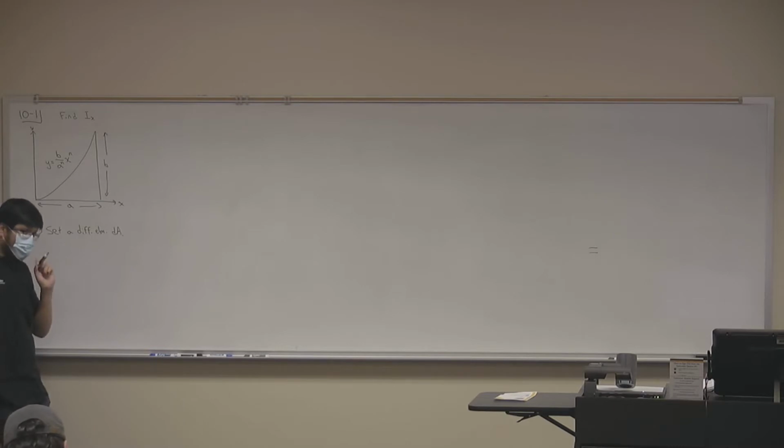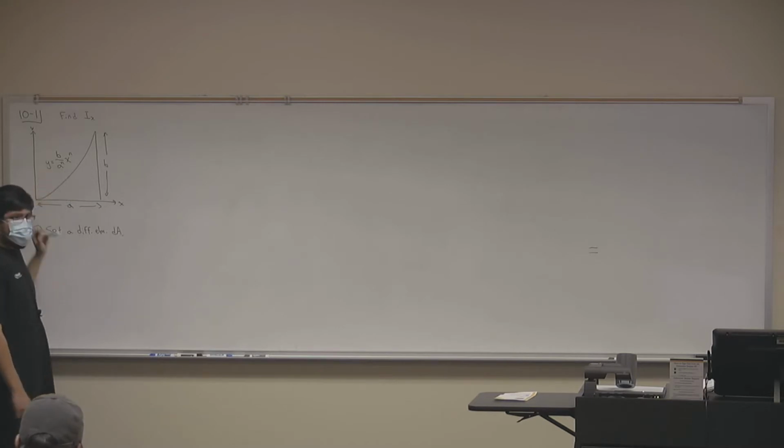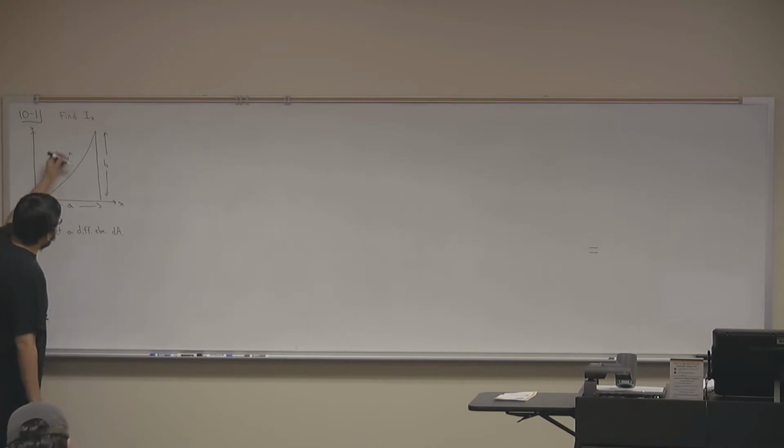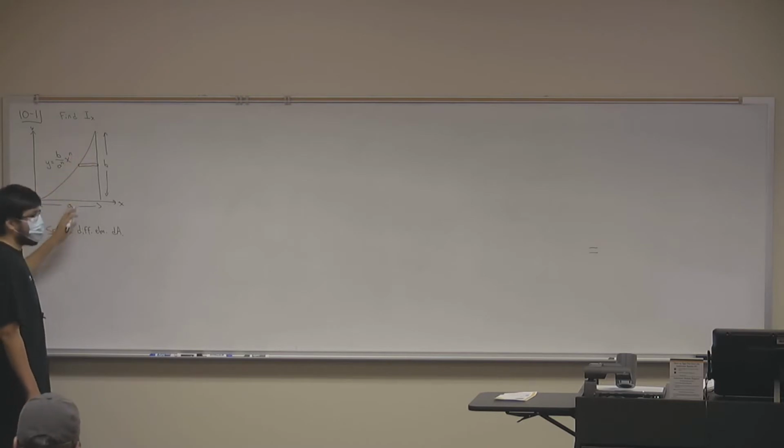The differential dimension of dA cannot be parallel to the x-axis. So if you were to do it vertical, what's the differential dimension, the small dimension? And is dx parallel to x? Okay, so it cannot be vertical. Our element will be horizontal, because this differential dimension, in this case dy, is not parallel to the x-axis.